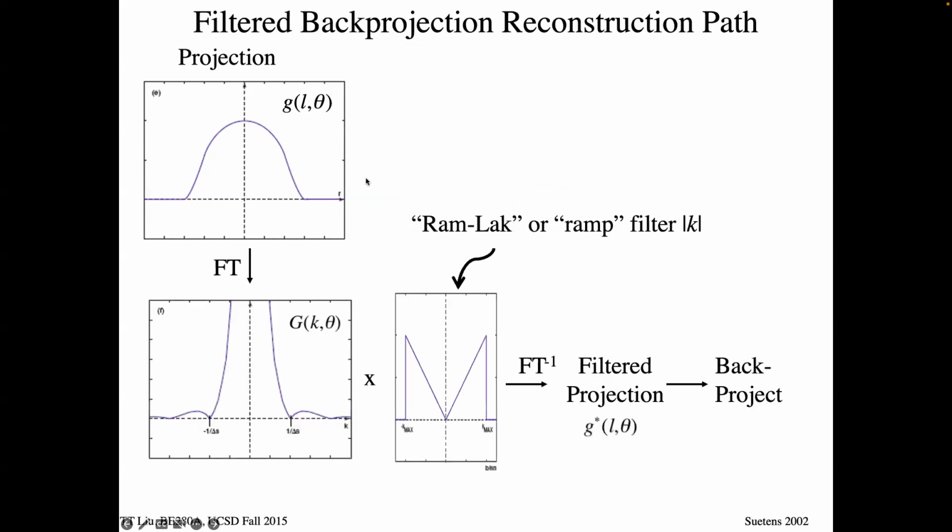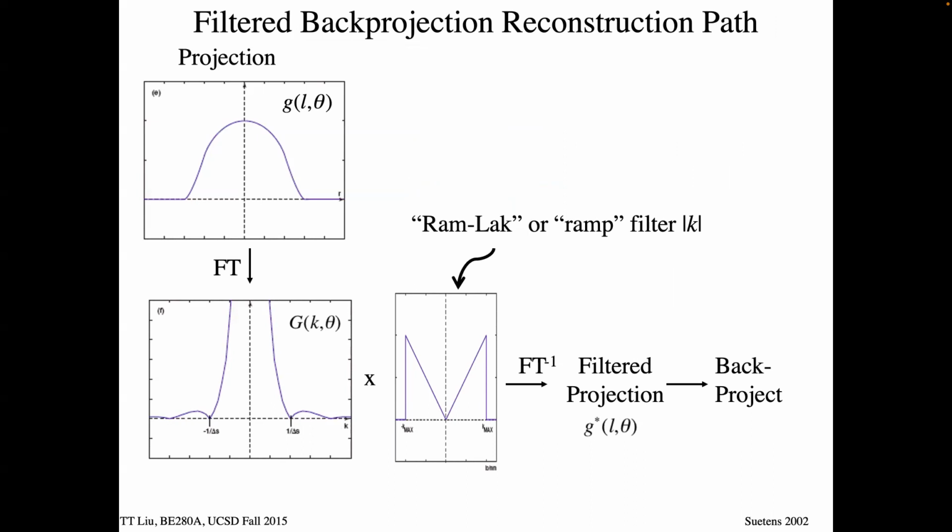We can look at it also in the Fourier domain. It's equivalent. We take the Fourier transform of G L theta, that's this capital G K theta, so we have one value of that at a specific theta. We multiply that by the ramp function. We don't convolve.